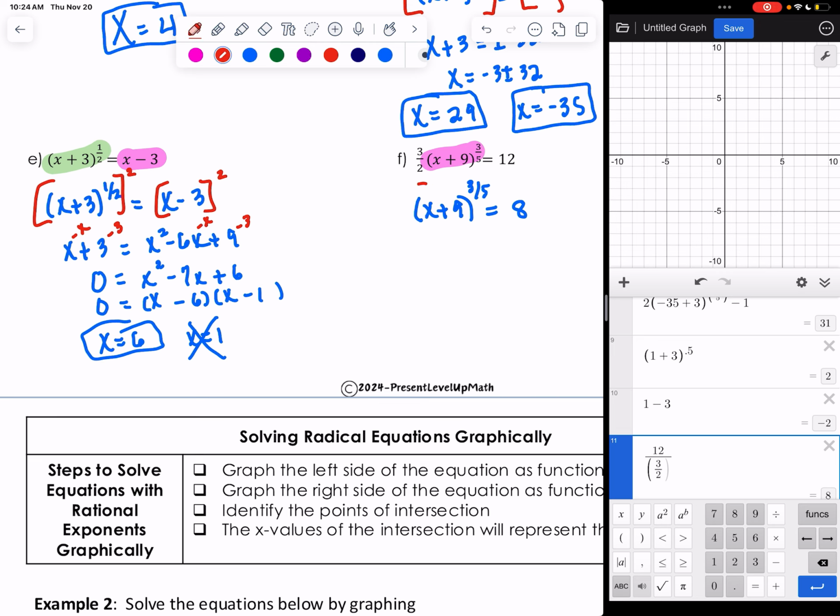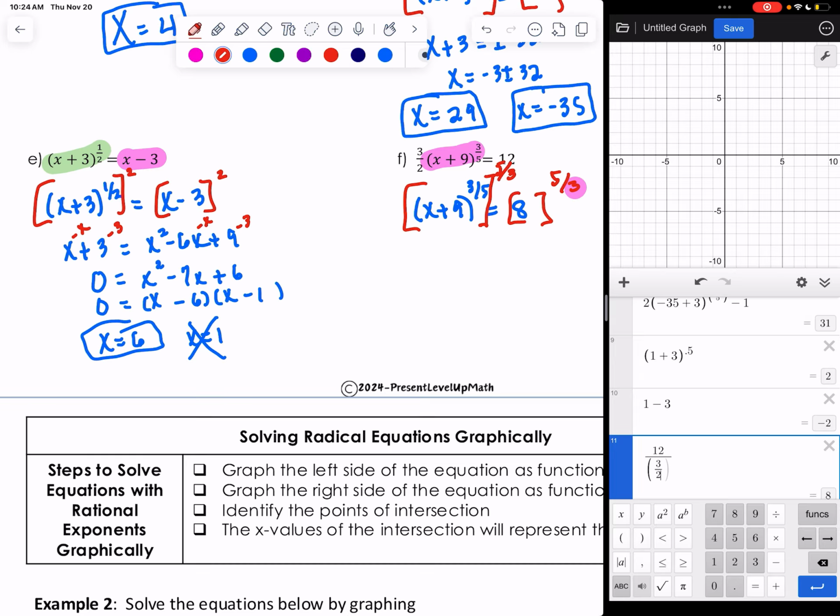Now, raising both sides to the reciprocal power, which would be 5 over 3. Now, I want you to think about this for a minute. Should we use plus or minus here? And the answer is no, because our denominator was odd. So we're not going to need a plus or minus symbol.